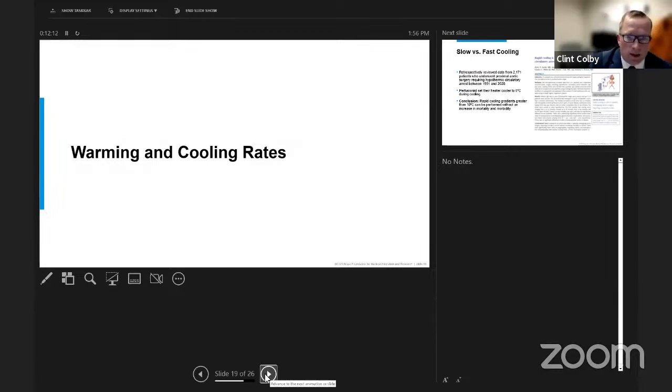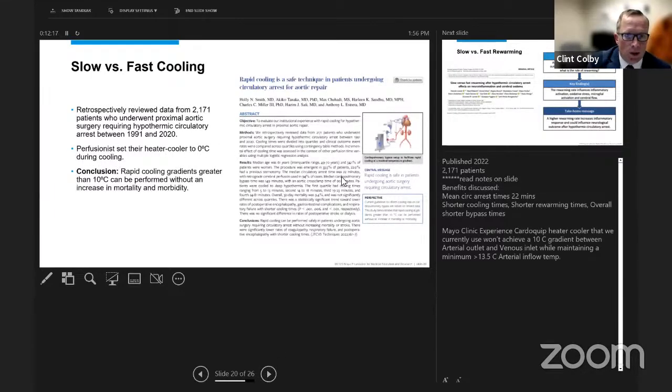Okay, now I'd like to share a couple studies on warming and cooling rates. This first one here, rapid cooling is a safe technique in patients undergoing circulatory arrest. This was published in 2022, 2,171 patients.